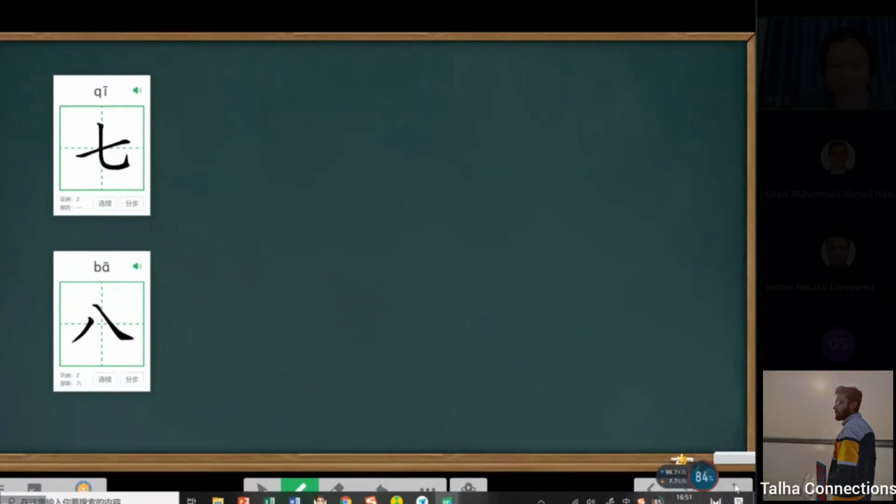Now let's try more. Wow, this one. 七. Qi, seven, right? Seven only consists of two strokes. This one and this one. Again.